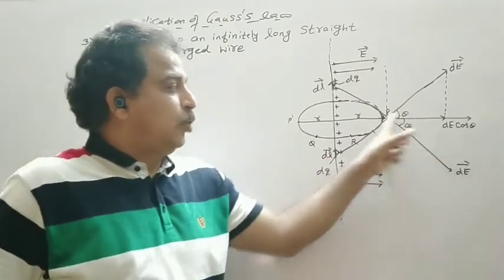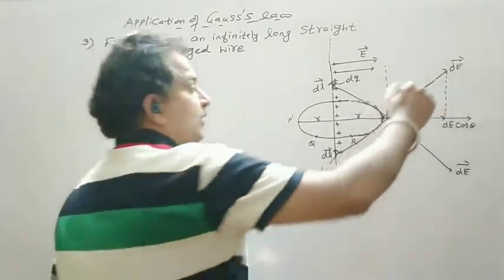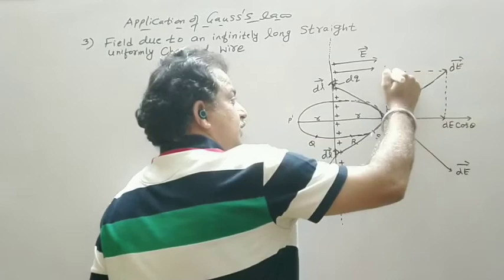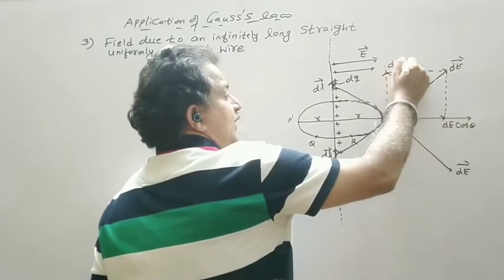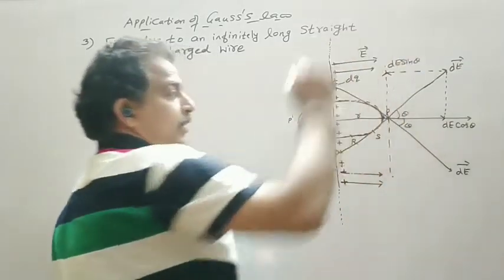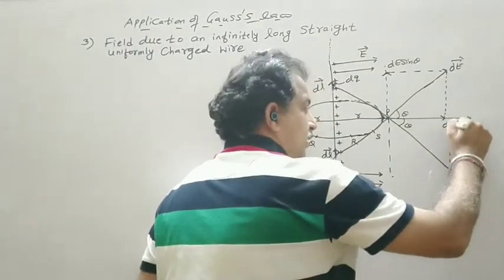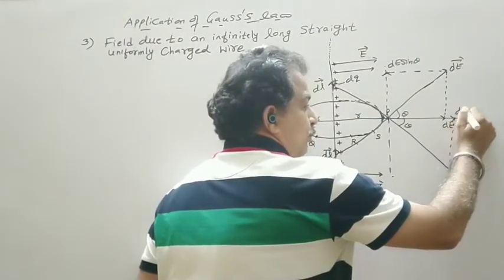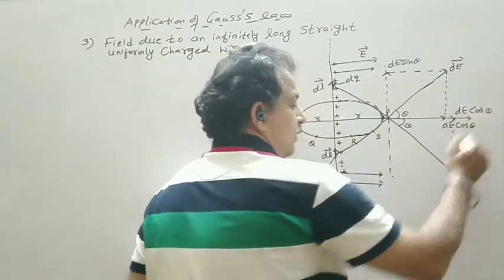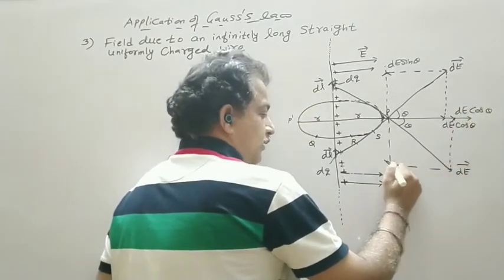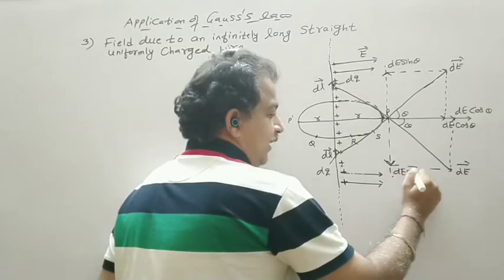So this is the cos component of dE, and this is dE sin theta. Similarly, if I resolve this, this will be the cos component dE cos theta, and this will be the sin component dE sin theta.